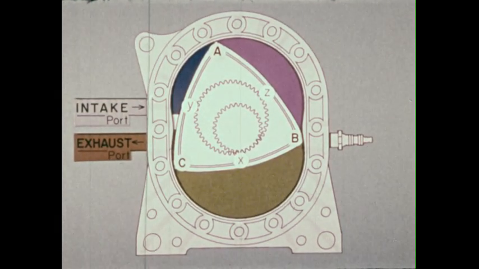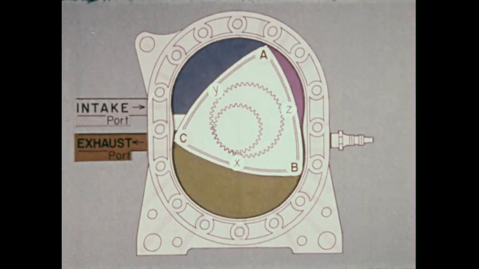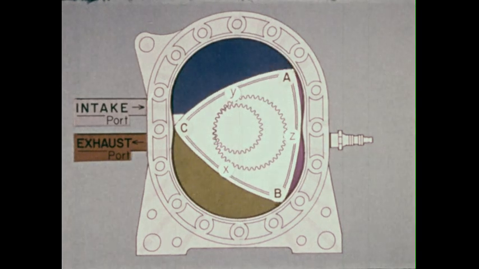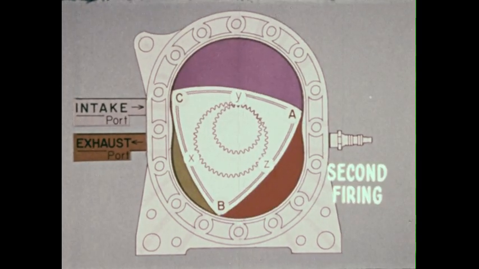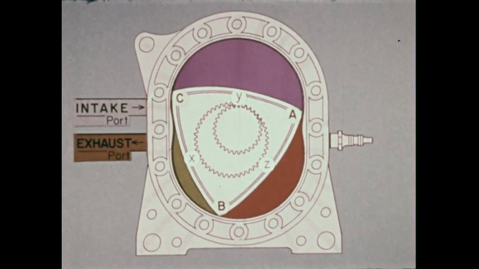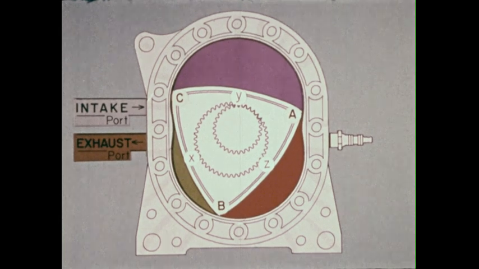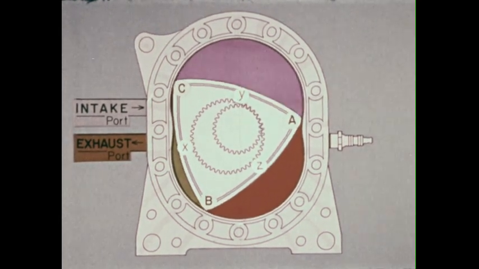At the same time, side Y is in the intake position. When lobe A is almost reaching 3 o'clock, side Z is fired. At the same time, side Y is in the compression stroke, following side X in the exhaust position.